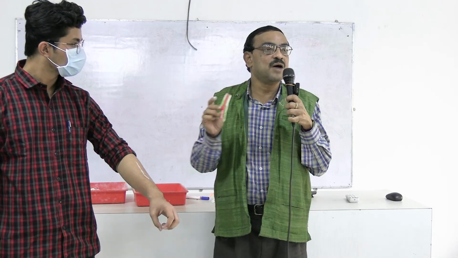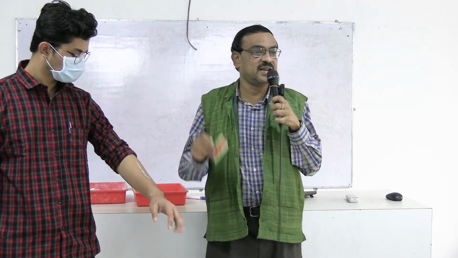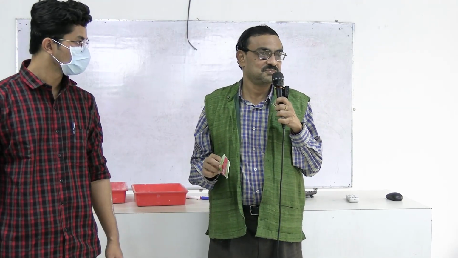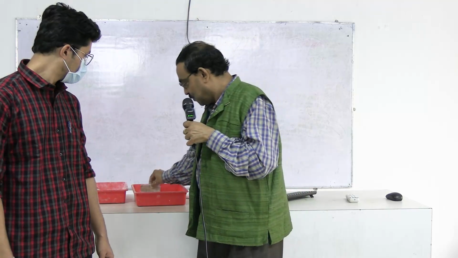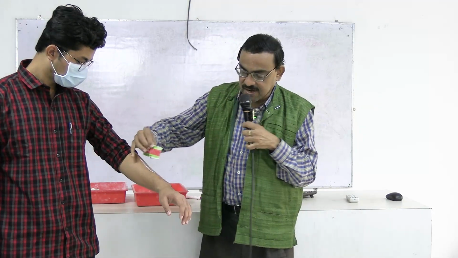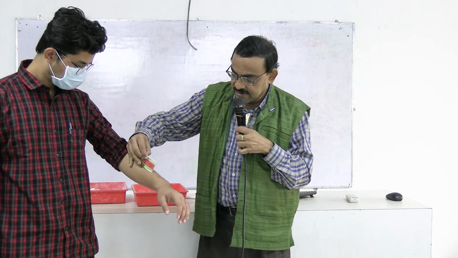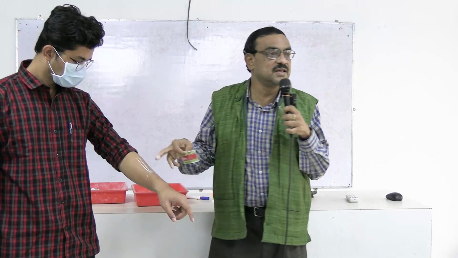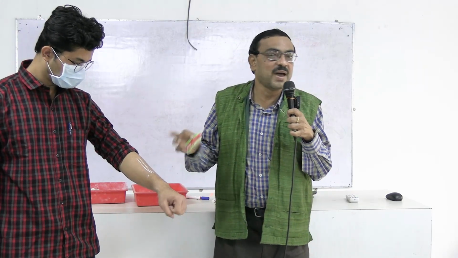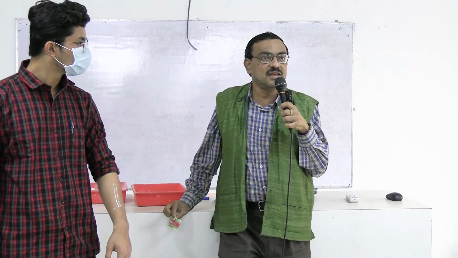Actually, the nerves are represented by a single line, whereas artery or vein is represented by two parallel lines. Artery, veins.